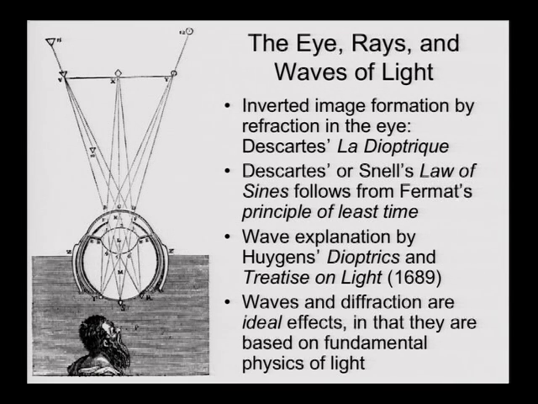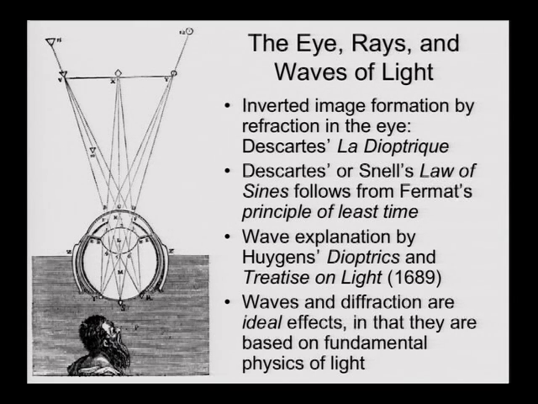A few years later, actually a few decades later, Christian Huygens went further and explained how the principle of least time can actually be derived from the notion that light propagates as waves with different velocities in different media. And the thing that's important to realize here is that the notion of light propagating as a wave is fundamental, and it has fundamental important consequences when you're doing photography and imaging.